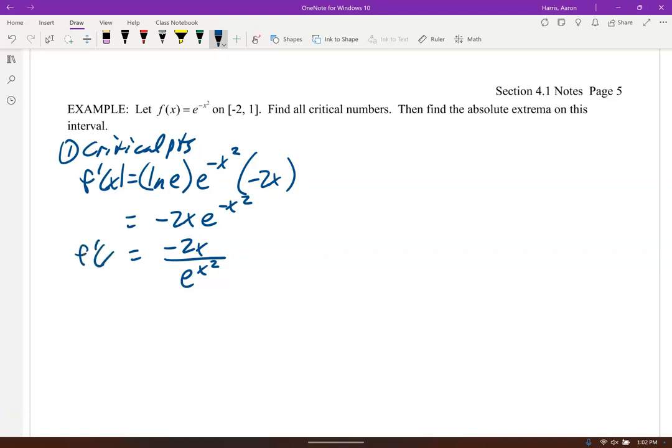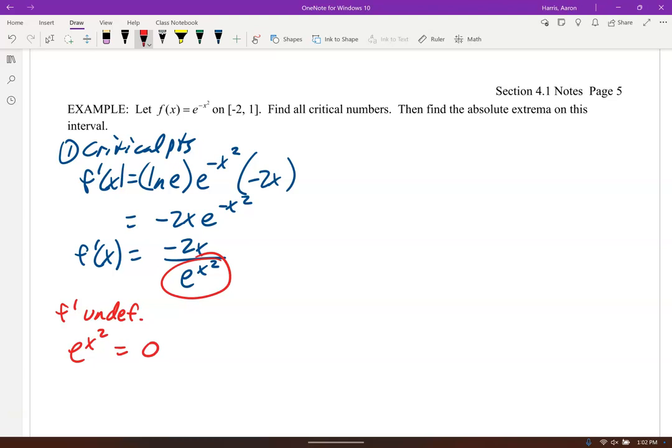That's our derivative, right? So then the first discussion is, well, where's this undefined? Where's f prime undefined? Well, if I can get this to be 0, that'd be undefined, right? Well, e to the x squared, x squared is always going to be positive.